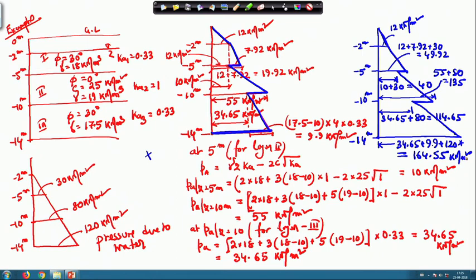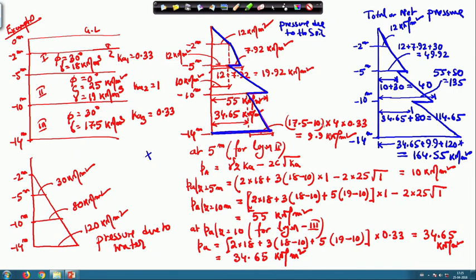So, this is the pressure due to the soil, this is the pressure due to the water, and this is the total or net pressure diagram.